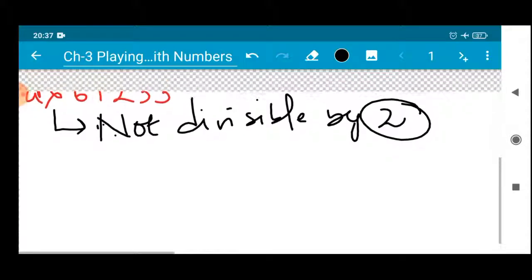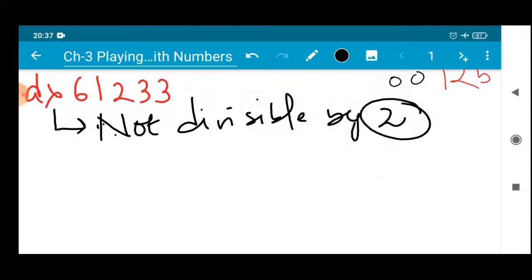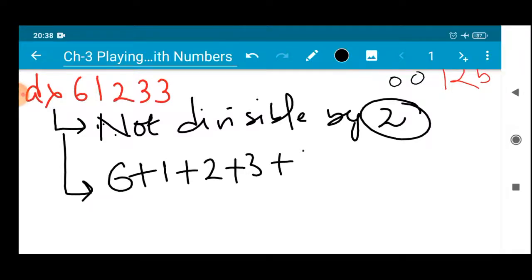But suppose this carries 1 mark, and you only have to say yes or no, then you can try like this also. By trying with 2, if it is divisible, it is compulsory to check with 3. But if in the first step you get that it is not divisible by 2, then there is no need to carry on for 3, because both numbers should divide in order to be divisible by 6, isn't it? So let's check for 3 also. 6 plus 1 plus 2 plus 3 plus 3. 6 plus 1 is 7, 7 plus 2 is 9, 9 plus 3 is 12, and 12 plus 3 is 15.